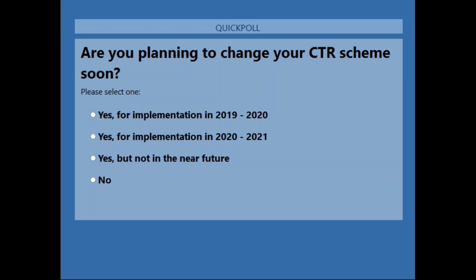Four options to choose from. Yes, going to change the scheme for implementation in 2019-2020. Secondly, yes, for implementation in 2020-2021. Yes, but not in the near future. And no, not at all.